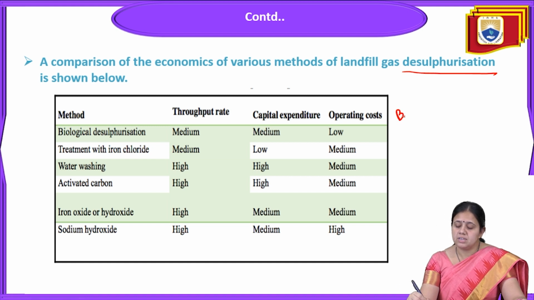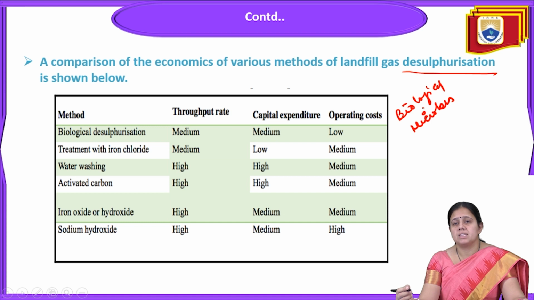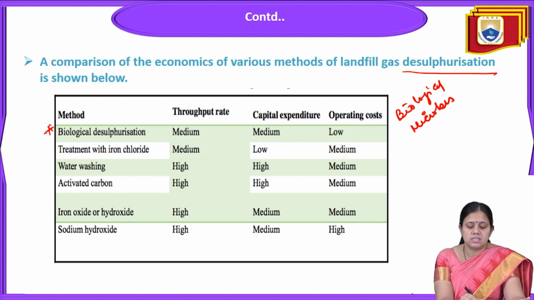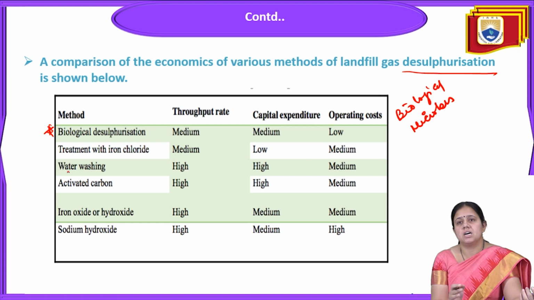If some biological agent is involved, like some microbes, then the rate will be medium and the capital expenditure is also medium, but the operating cost is very low. So the biological desulfurization method is the best when we look at capital expenditure and operating cost.